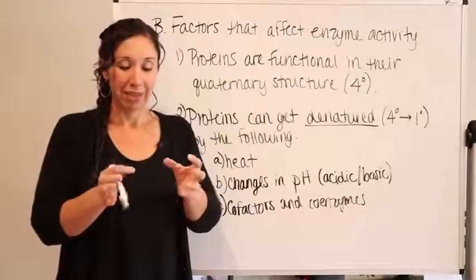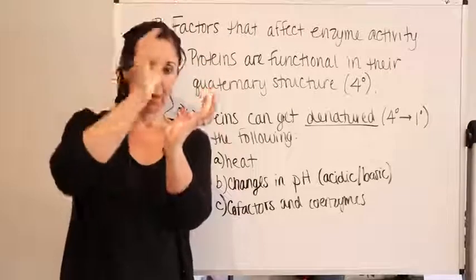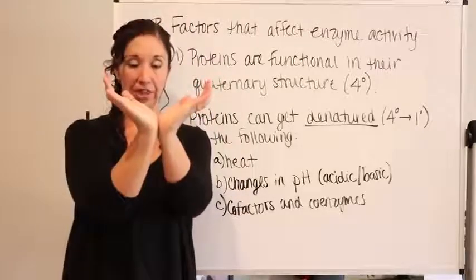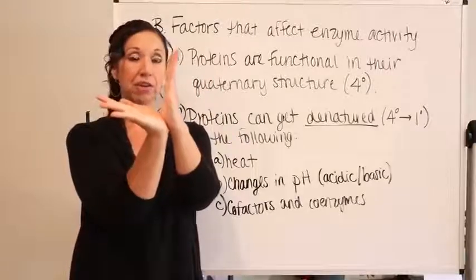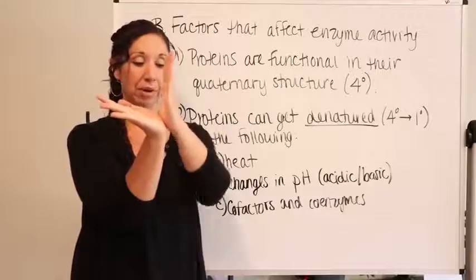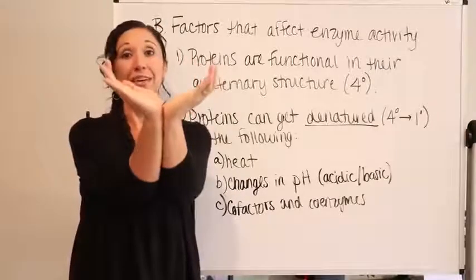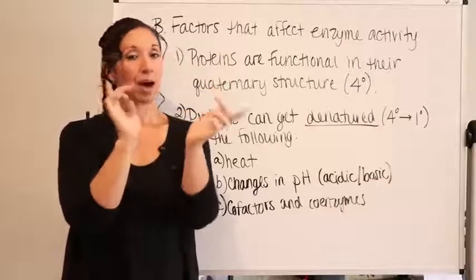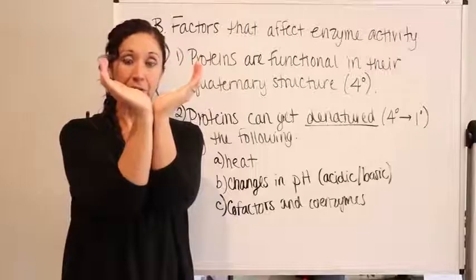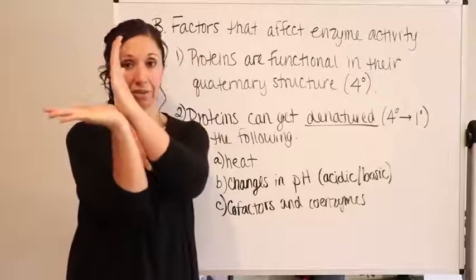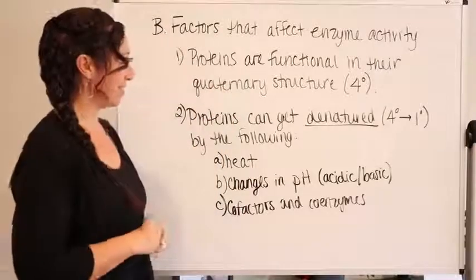So if an enzyme is supposed to have this shape, so it accepts something that looks like a circle into it, but it's naturally like this, a cofactor or a coenzyme is going to bind to the enzyme, which allows it to change its shape so it's actually functional now. And the opposite can happen as well. You can have it in its functional state and a coenzyme or cofactor can bind to it and turn it off. So there's other ways to control the activity of an enzyme.